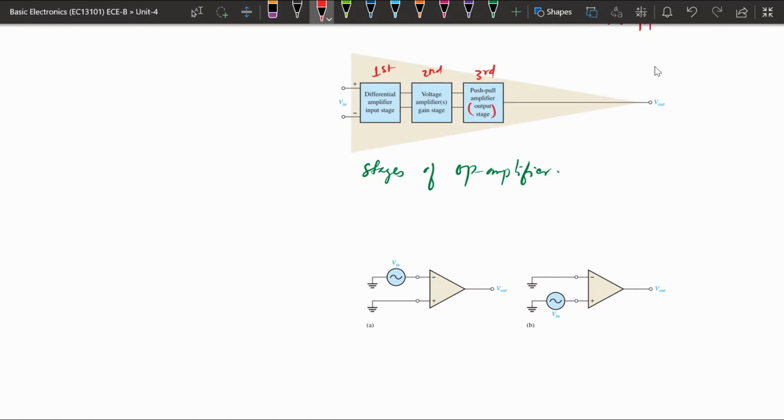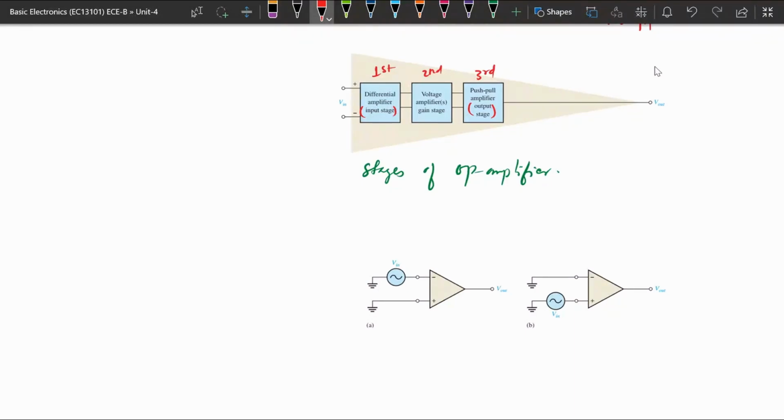The input stage is nothing but a differential amplifier, and in the middle we have the voltage amplifier, whose equivalent circuit we have seen. Before that voltage gain amplifier we have a differential amplifier, which is basically used to have high input resistance, and the push-pull amplifier is the output stage that provides a very low output resistance.